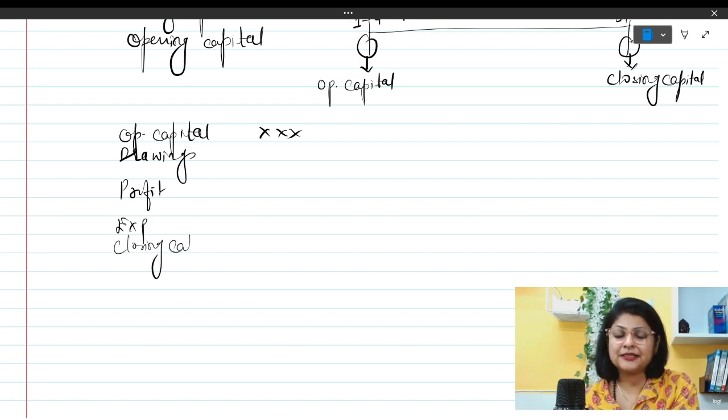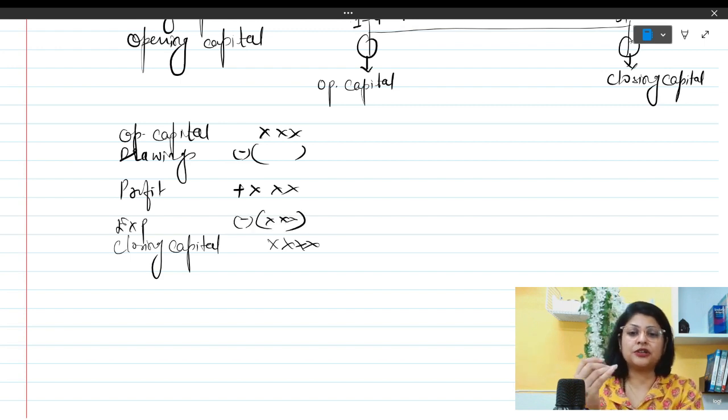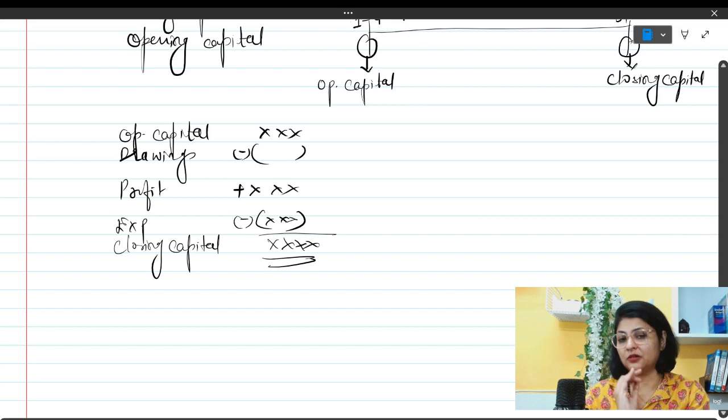So this is known as forward working, where you will reach the answer by deducting the drawings. Whatever the amount of drawings is, you will deduct it. If there is a profit, you are going to add this figure. This figure will be added, this is going to be deducted, and any expense again will be deducted. So this way you are reaching the answer which is your closing capital.